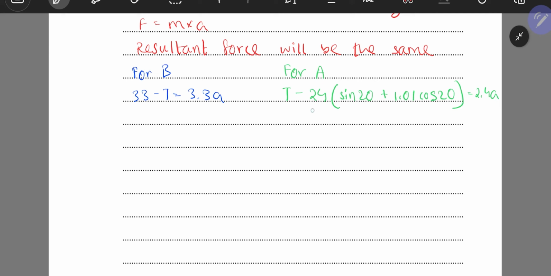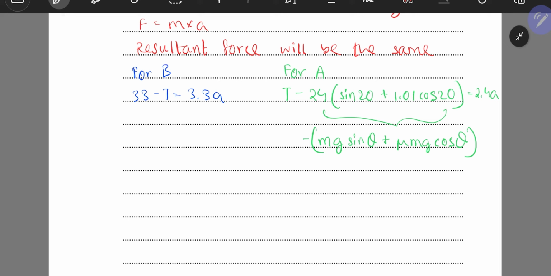Now what I did over here is basically a shortcut of mg sine theta plus mu mg cos theta. Basically, I took mg common and then wrote sine theta plus mu cos theta inside the bracket.